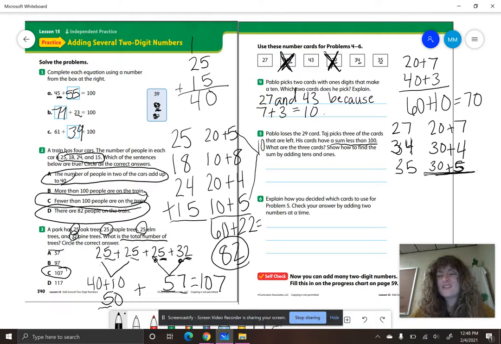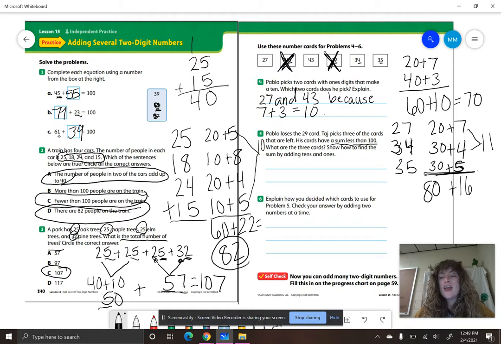So 7 plus 4 would be 11. And I can't forget to add 5 more ones. 11 plus 5 would be 16 ones. Now I go to my tens place. 3 plus 3 is 6 tens. 6 tens plus 2 tens is 80.